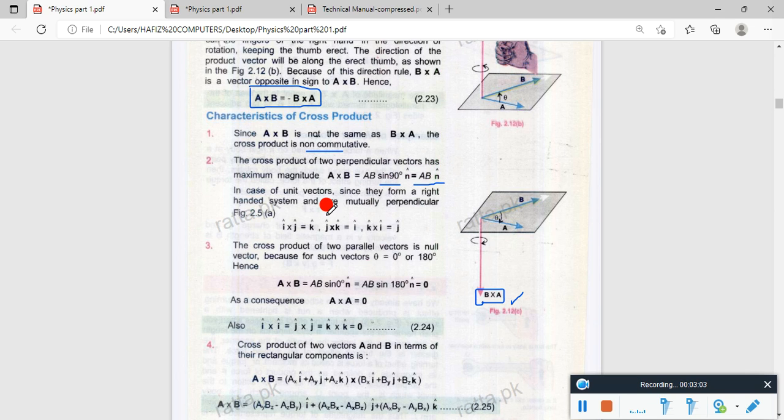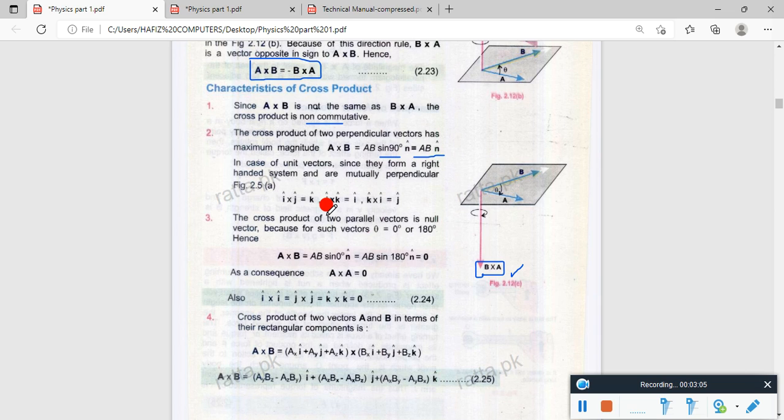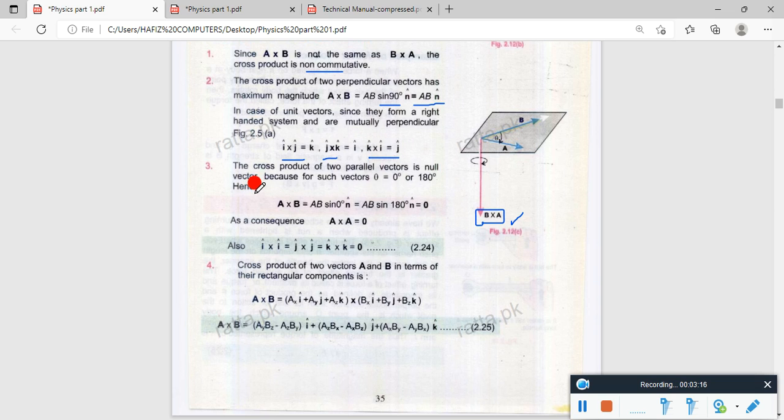In case of unit vectors, they are mutually perpendicular, so i cross j is equal to k, j cross k is equal to i, k cross i is equal to j. Third one is that the cross product of two parallel vectors is a null vector, because when theta is equal to 0 or 180 degrees, sine 0 is equal to 0 and sine 180 is equal to 0.